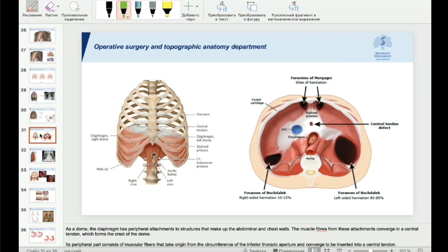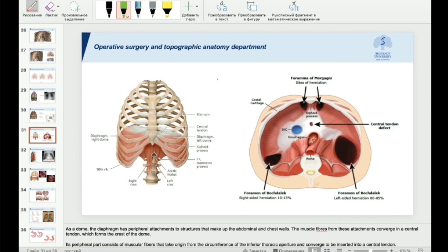But here you can find the very specific parts for the newborn. They are called the foramen of Morgagni, which is located at the sides of the xiphoid process. And another one, very big and possibly dangerous, the Bochdalek foramens, which are located in the posterolateral sides of the diaphragm.